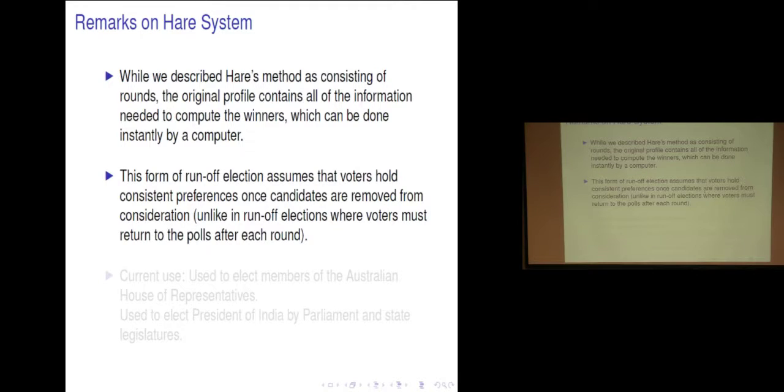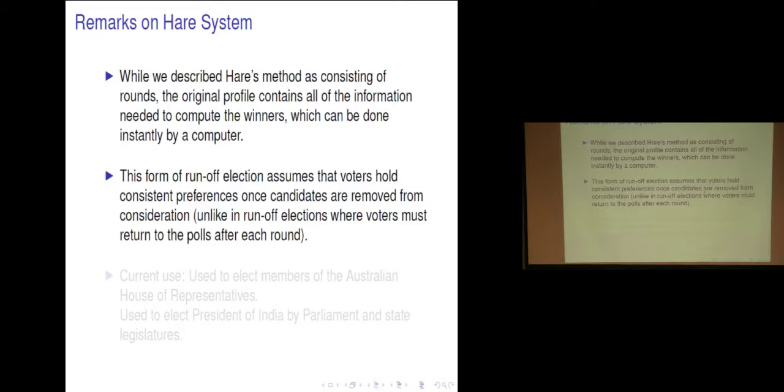The other remark is more important. This form of runoff election assumes that the voter holds consistent preference once the candidates are removed. Usually when you remove candidates, you ask people to vote again.